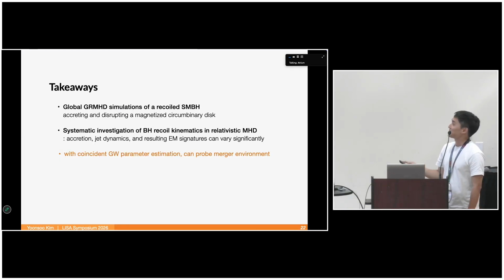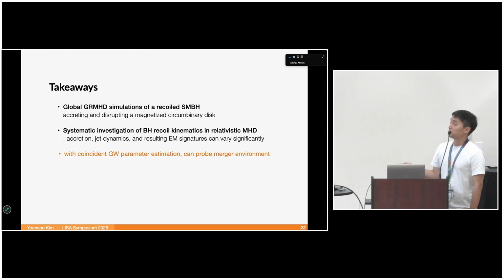So I put this takeaway slide, but I'll just give a final pitch on this last point. The numbers you saw here, the features, they might not be true, but the trend that we saw, I think is likely to be true. We got a conclusion that the recoil velocity matters, but the recoil angle relative to the circumbinary disk midplane also matters a lot.